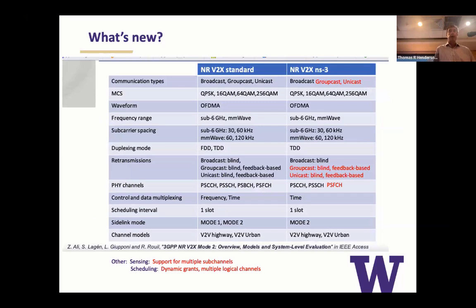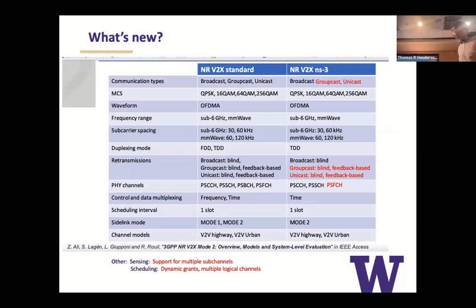So there was a paper that's referenced in this talk by Zares, where there was a comparison between what's available on the V2X standard on the left and the features that are available in NS3. And what's new this year is you'll see from last year that there were a number of capabilities in black here in the right column.